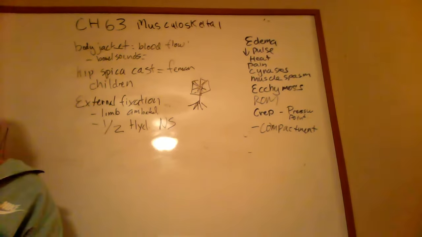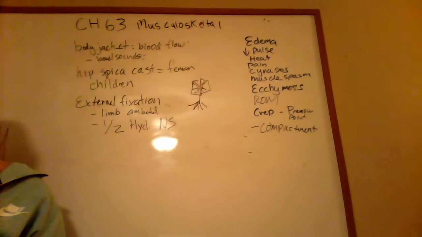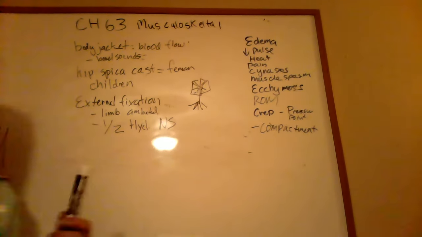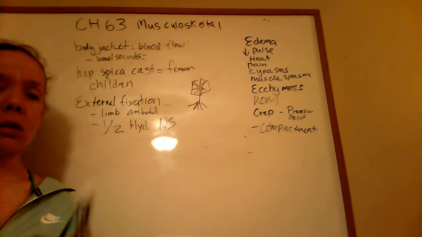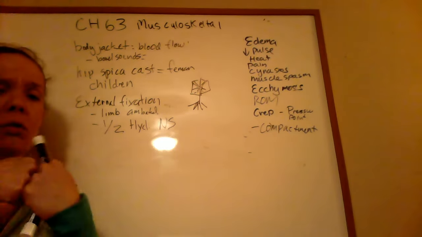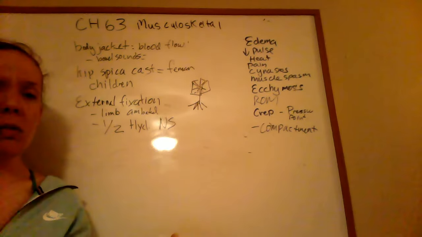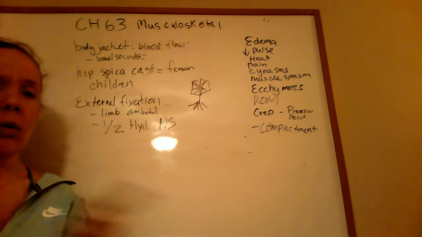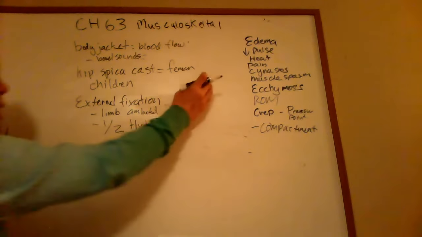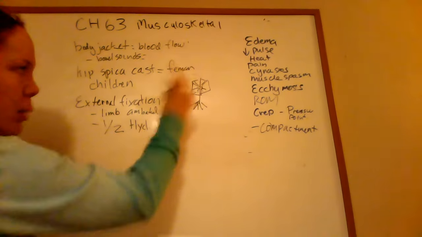So that's external fixation. Internal fixation is pins and plates, and again, that goes back to where I talked about open reduction. When you have open reduction, you've made a cut and reduced it by aligning it, but most of the time they're going to make sure that there's a plate or a screw or something, and that's where you have internal fixation. So I've taken this external fixation and put it inside the body.